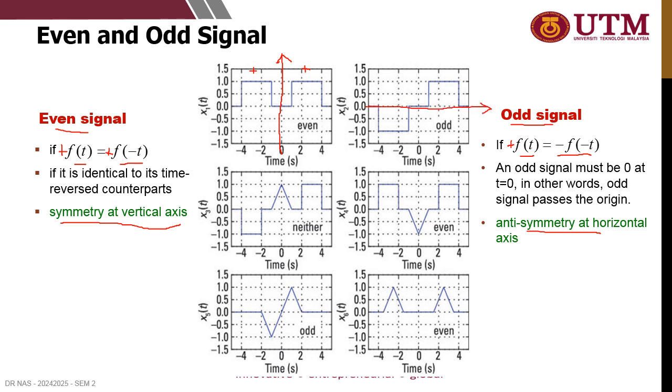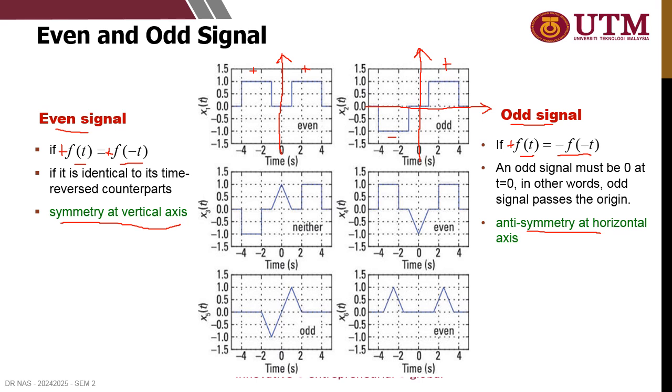So it is antisymmetry. When here is positive, here is negative. When you look at the signal, when t is positive, the amplitude is positive. When t is negative, the amplitude is negative. So it fulfills the equation for an odd signal.